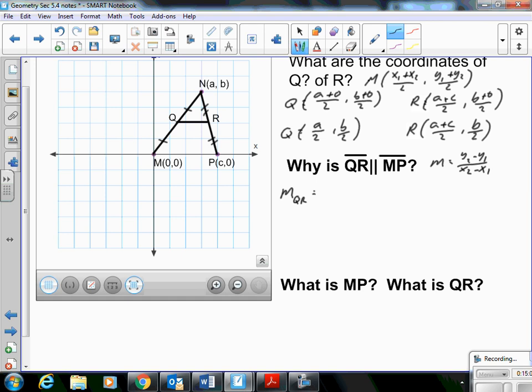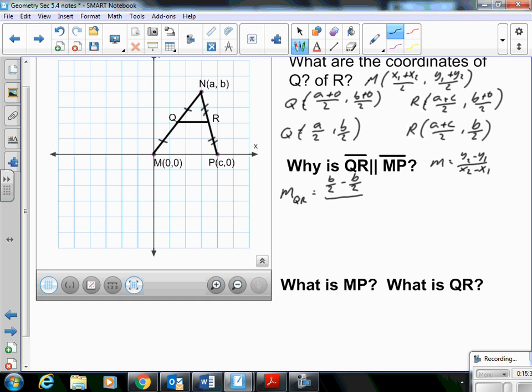So for QR, we're looking at these coordinates right here, right? So a over 2, b over 2, and a plus c over 2, b over 2. So for our y's, we've got b over 2 minus b over 2 on top.